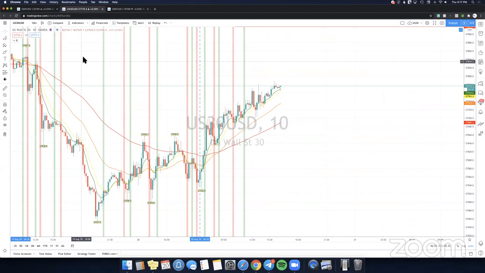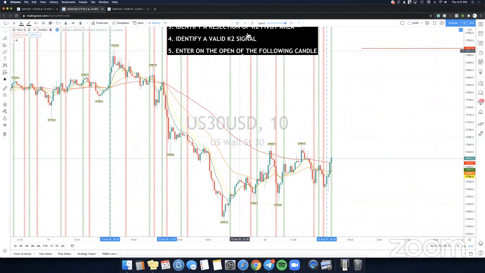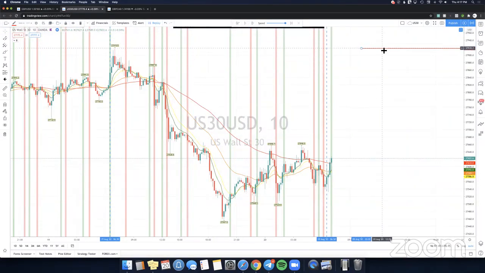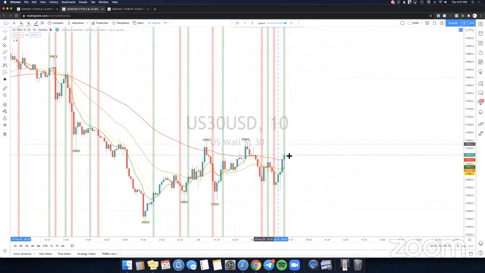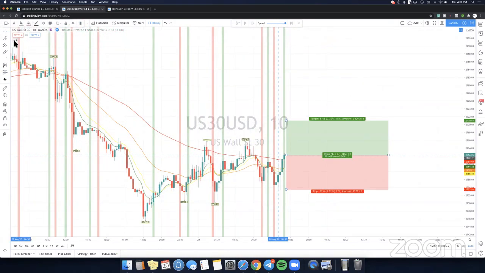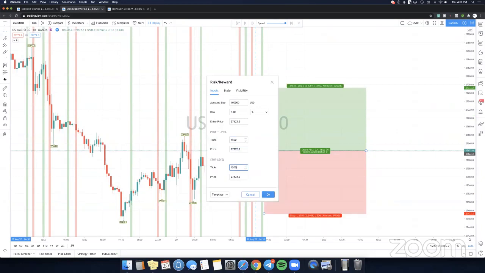Yeah, sure. So I'll go back over here. I'll just hide this. Let me go and set this up again. So this was the entry right here. I'm going to hide the pivots because we don't use that for the strategy. And then it was 1500, 1500.